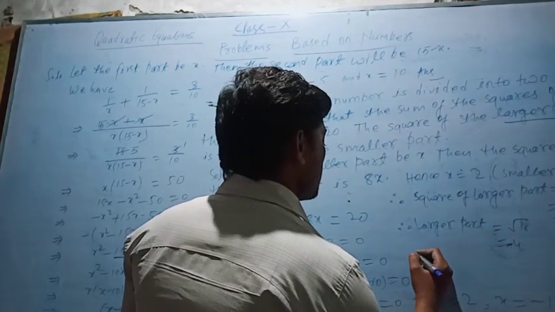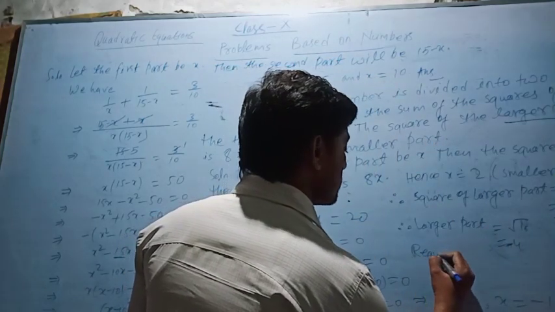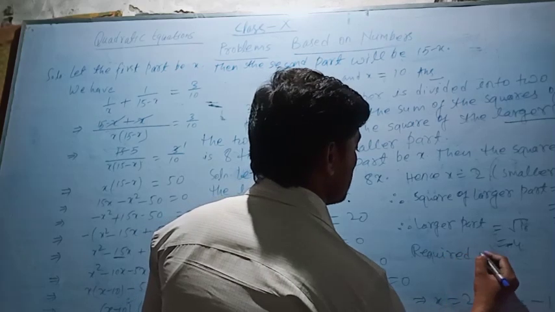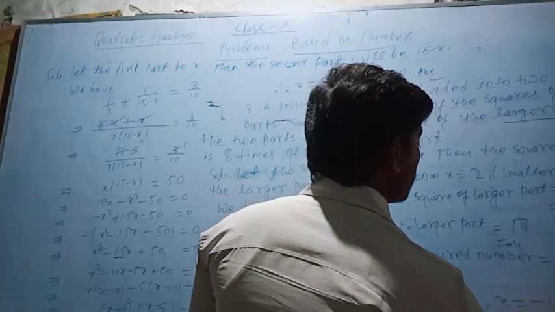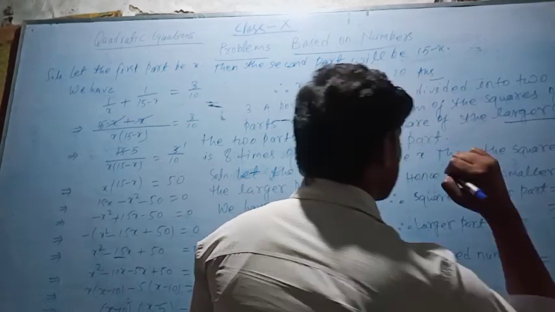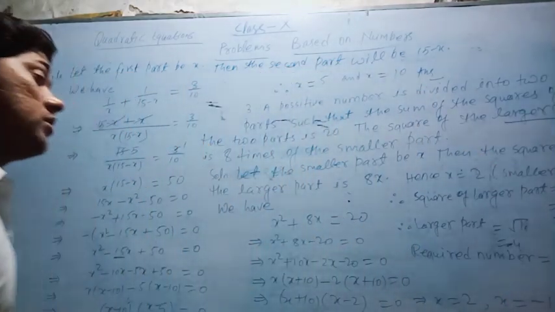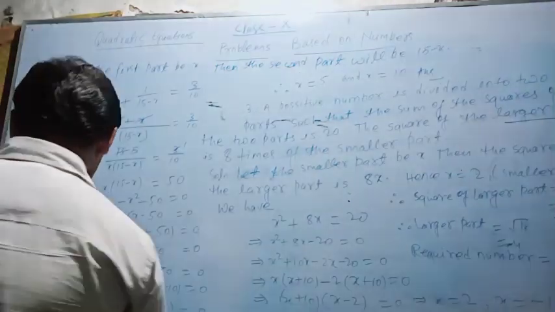Therefore the required positive number is equal to 2 plus 4, 6.